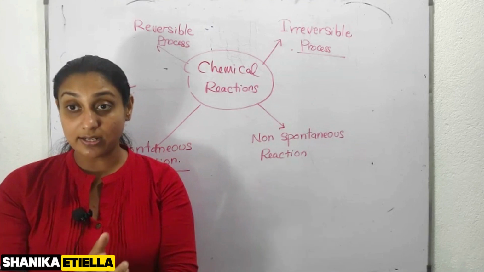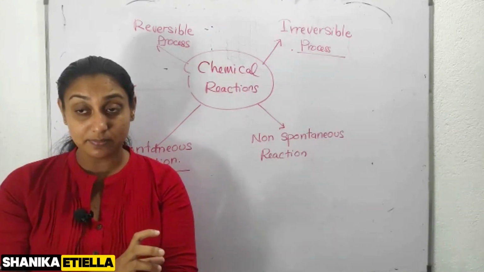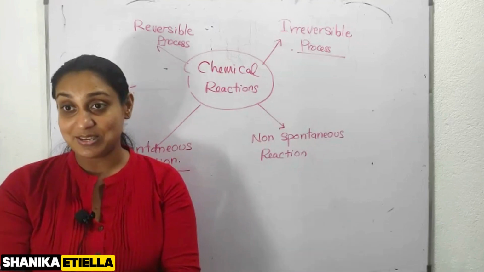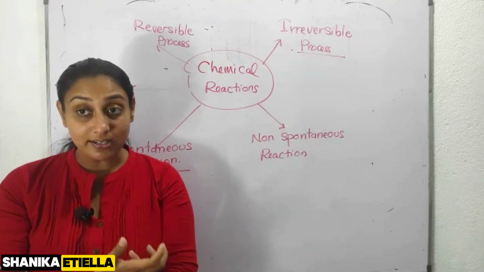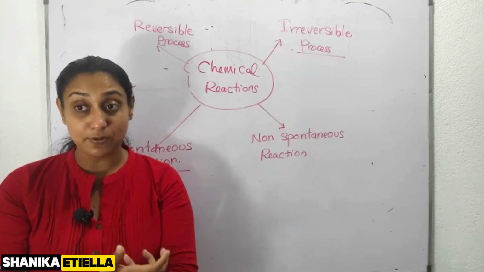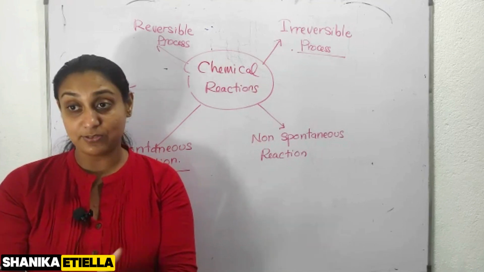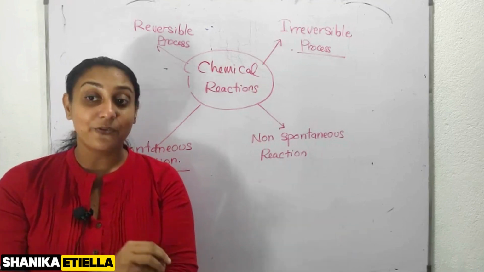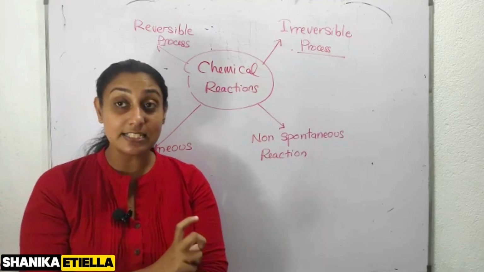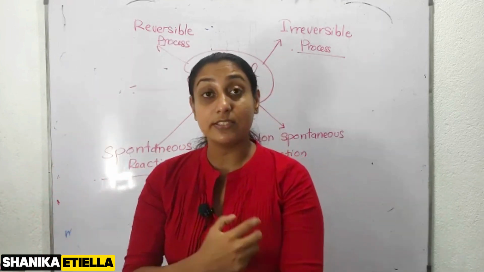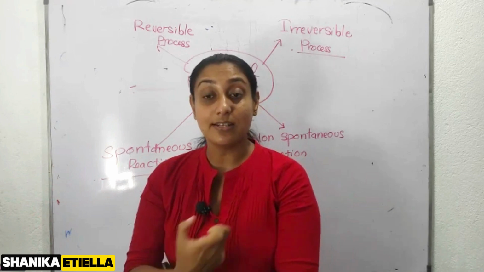So I need calculations under the energetics lesson, using Gibbs energy. To find whether a reaction is spontaneous or non-spontaneous, we need to know the Gibbs value. Before that, we need to know what a non-spontaneous reaction is. A non-spontaneous reaction is one which does not occur naturally.